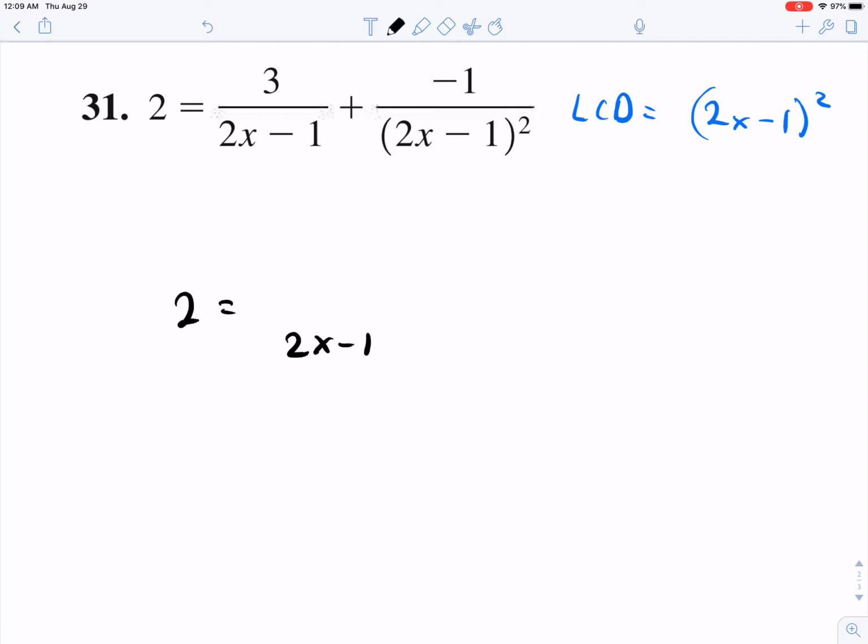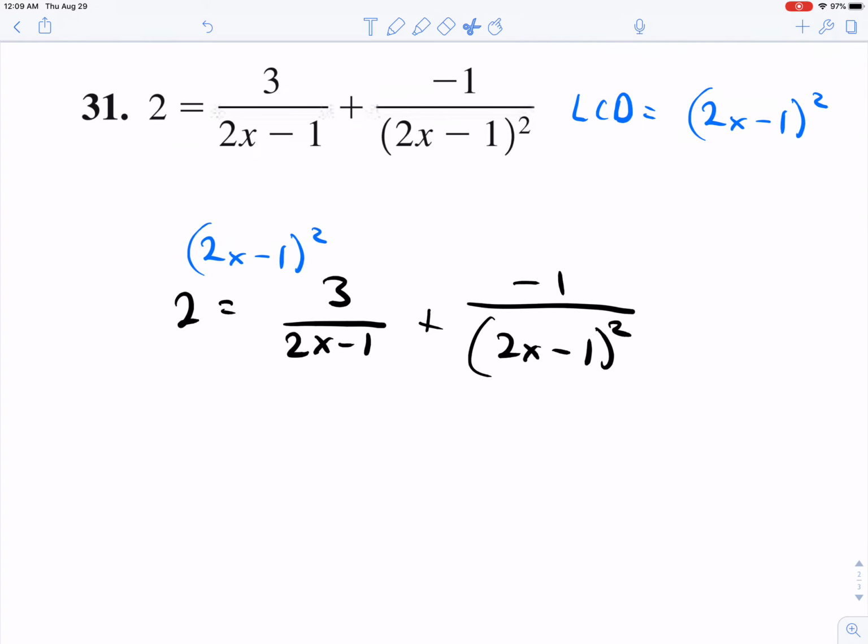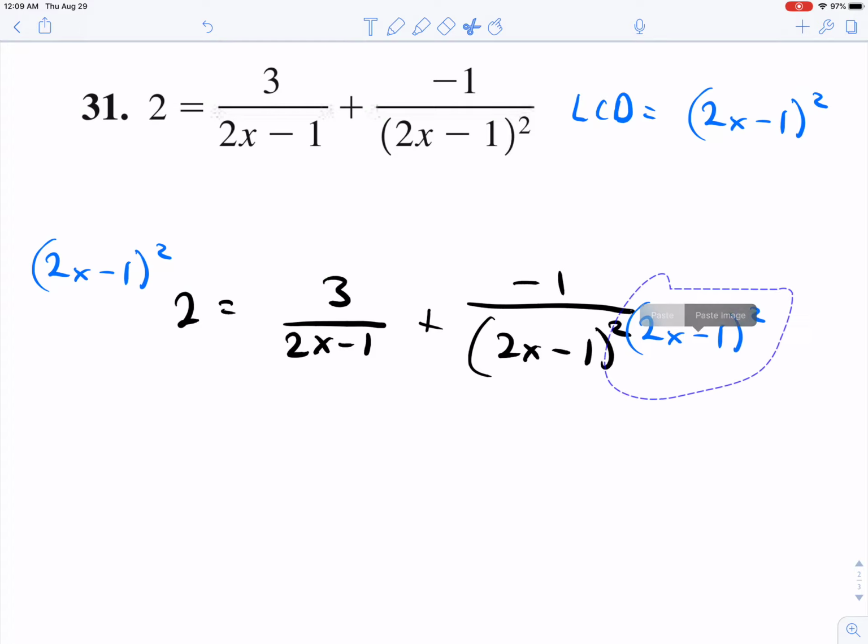We got this 2x minus 1 under 3 plus this 2x minus 1 squared under negative 1. So we're going to say the left side times the LCD and the right side by the LCD.